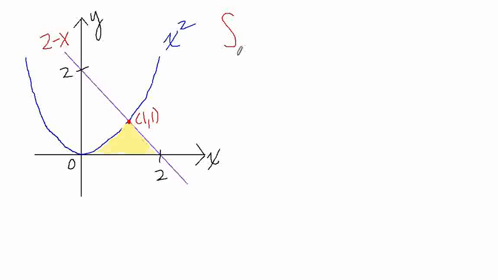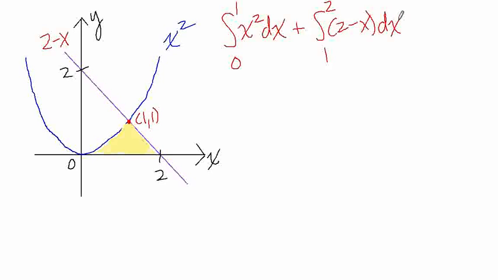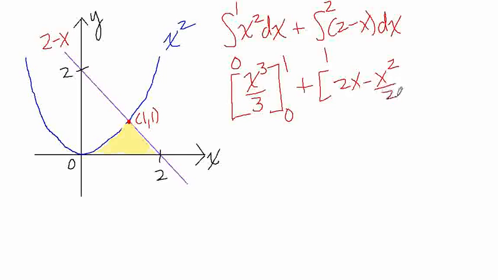Now, using vertical rectangles, we'll have to do two integrals. The integral from 0 to 1 of x squared dx, and then the integral from 1 to 2 of 2 minus x. That will give x cubed over 3 evaluated from 0 to 1, plus 2x minus x squared over 2 evaluated from 1 to 2.